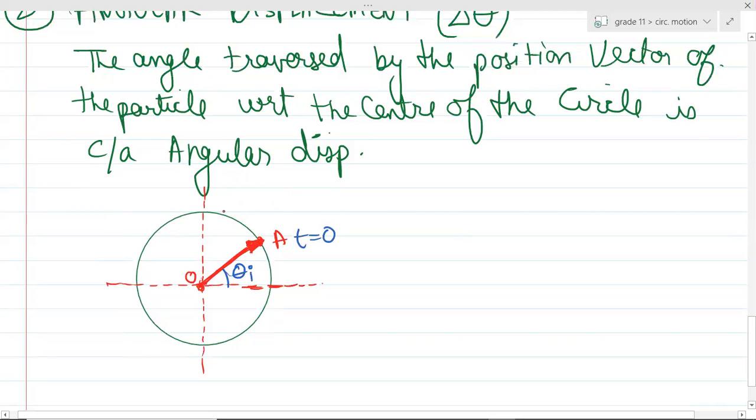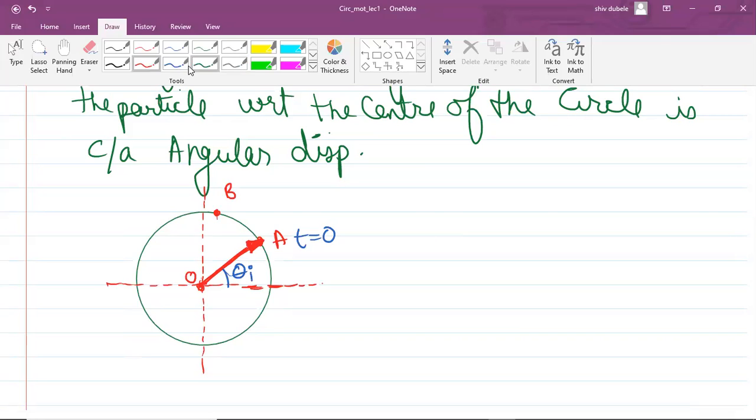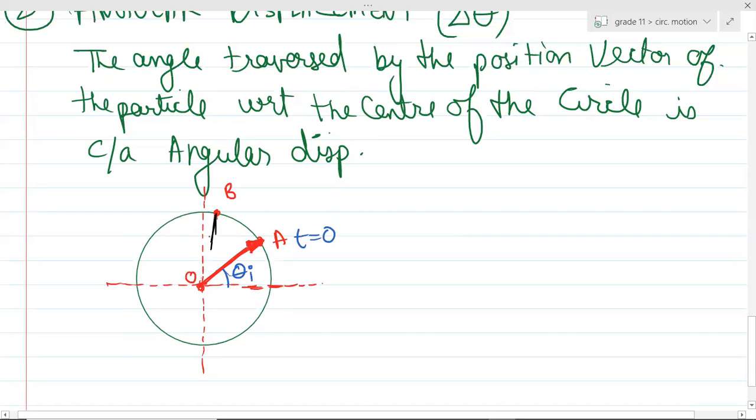After some time, let's say the object moves to this particular point B. Now what will be the position vector? It will be this. This will be the final position vector, and the angle from here to here will be theta f.